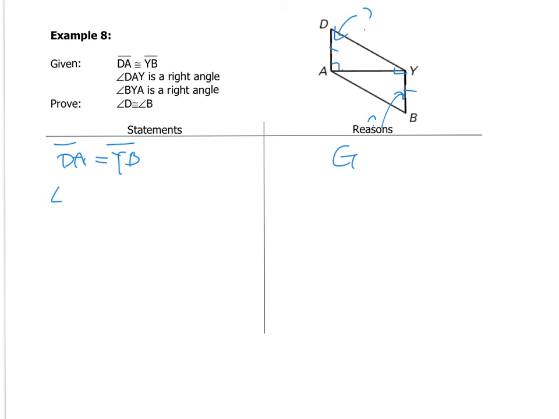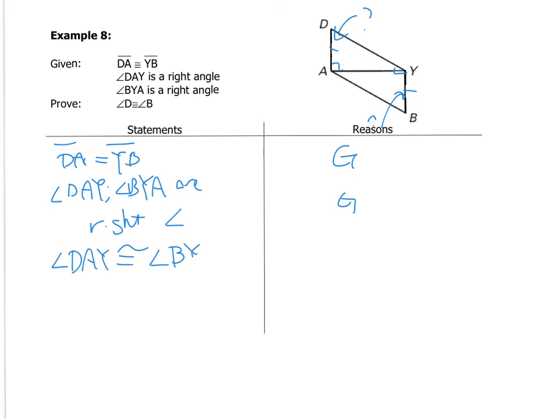And then the next thing that's given is that the two angles, BYA and DAY, are right angles. And that's given. And therefore, we can conclude that angle DAY is congruent to angle BYA. And that's the right angle congruence theorem, if you recall that one.